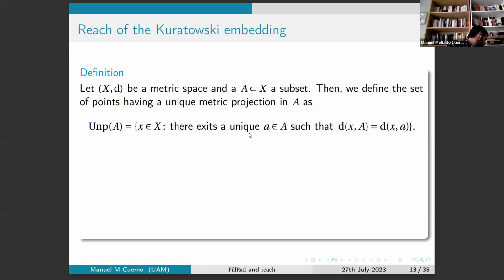Perhaps not. Imagine a donut in R2, where the hole is always smaller and the reach is always going to 0. And when you fill the hole, you have the disk, and the reach is infinity.